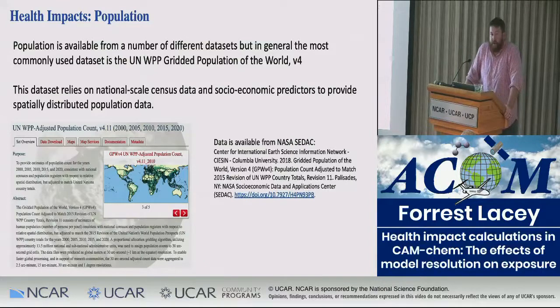But for many other countries, particularly those in Africa, census data is not as precise, and it relies a lot more on these socioeconomic predictors to get the population right. So that's another source of uncertainty that goes into these calculations that we need to account for.